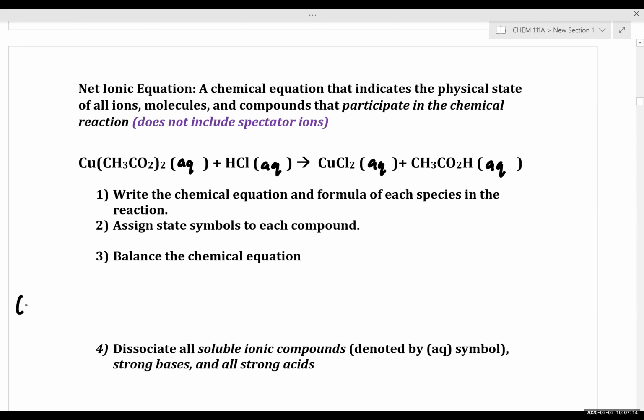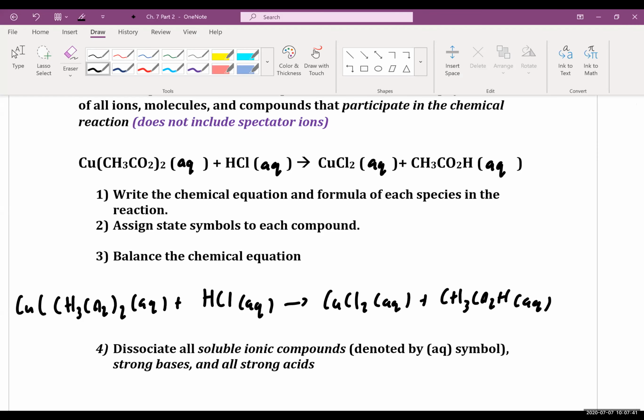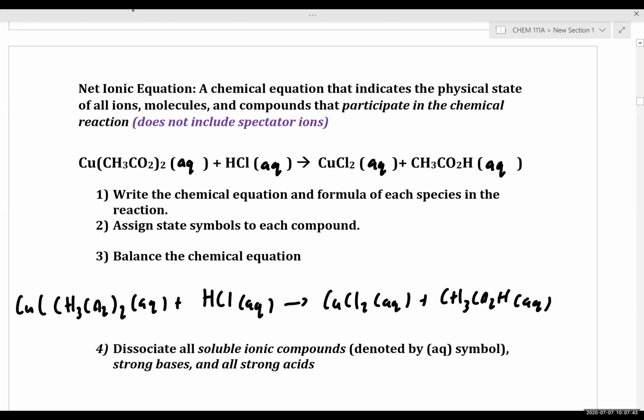Okay, so let's rewrite our chemical equation. And we may need to do a little bit of balancing. And especially for these net ionic equations, I'd really encourage you to try to balance equations by counting ions rather than focusing on individual atoms. Okay, so looking at this equation, is it balanced as written?